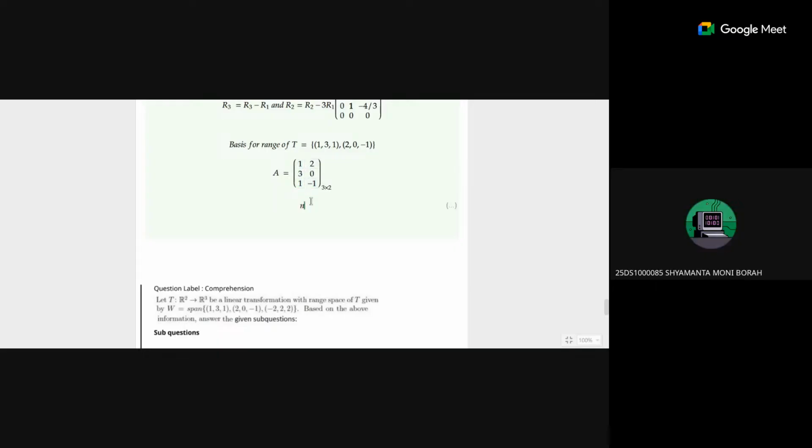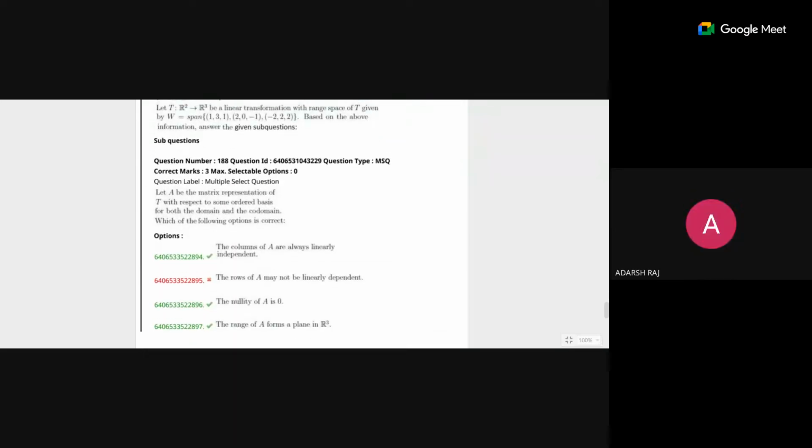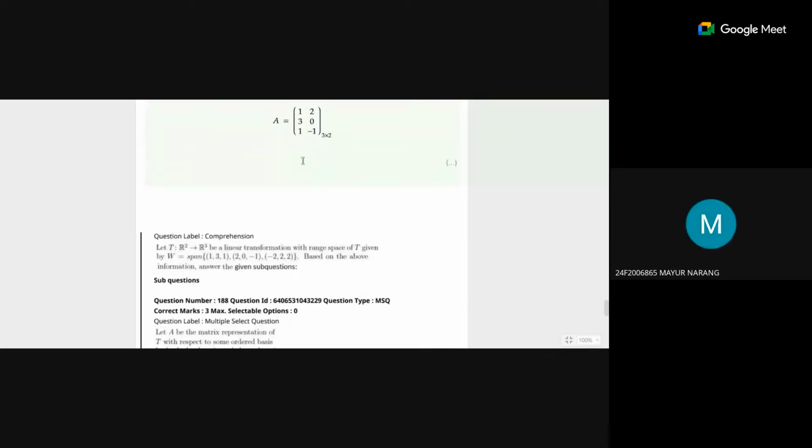Why do we have to check the basis part, the three vectors we are given? Nullity is always defined in the linearly independent case.